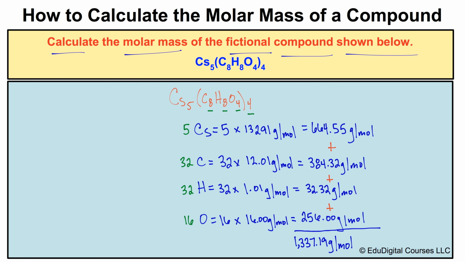The unit of measurement for molar mass is typically going to be grams per mole. If we have 1 mole of this substance, it's going to have a mass of 1,337.19 grams. So that's how we're going to be able to determine the molar masses of different compounds and molecules.